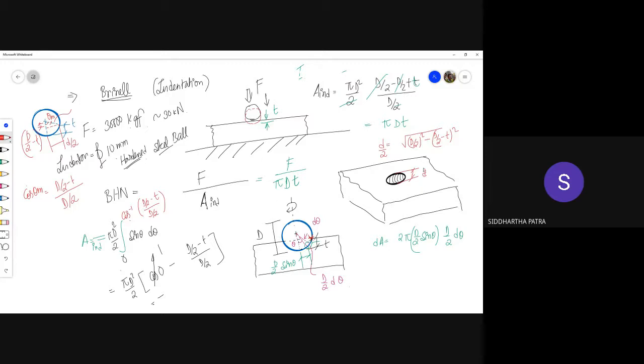So the thing is, when actually measuring the depth of indentation, there is no way to directly measure it. So what we do is we measure this small d, and from the measurement of the small d, we can figure out how much is the depth of indentation using this formula. So let's say this is the center of the indenter.